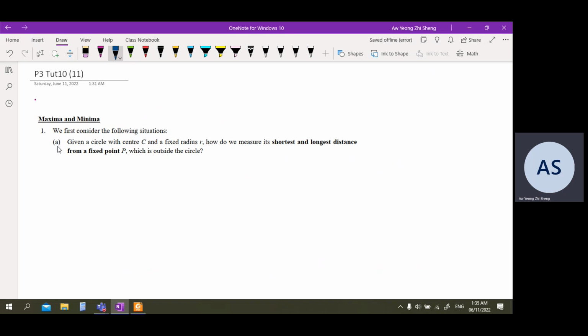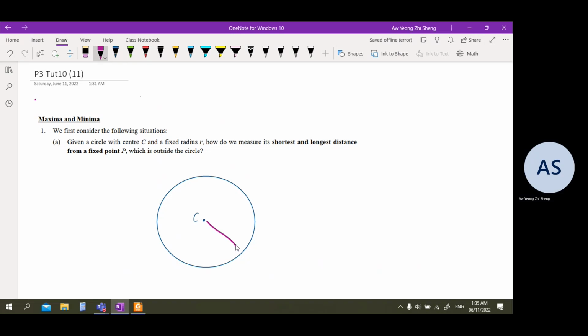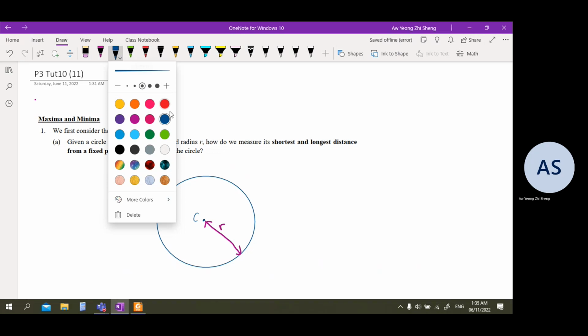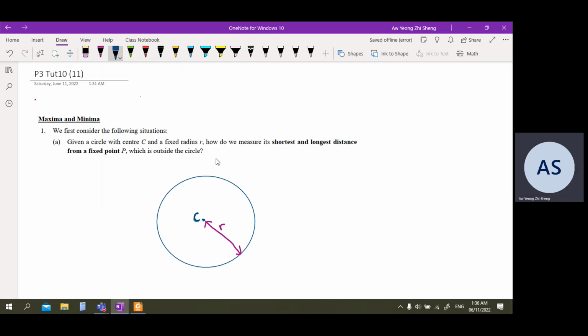In part A, we first consider this situation. If given a circle with center C and a fixed radius R, how do we measure its shortest and longest distance from a fixed point P which is outside the circle?